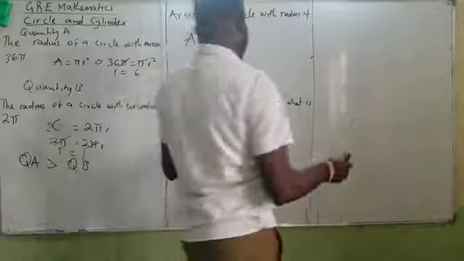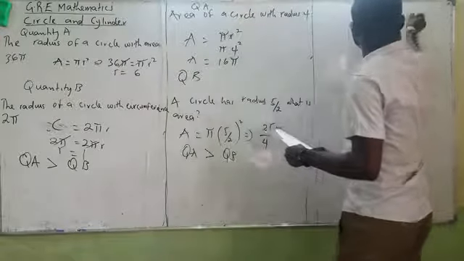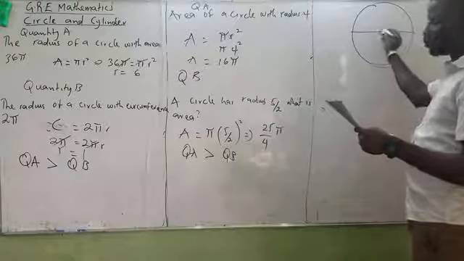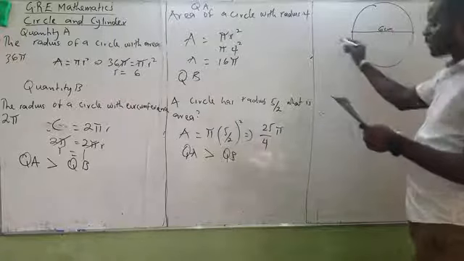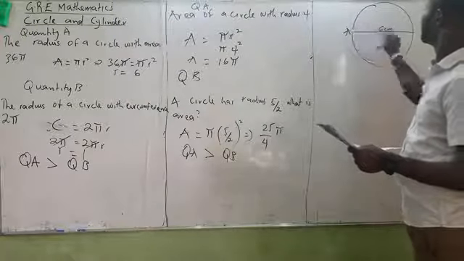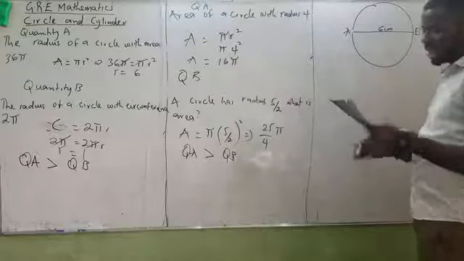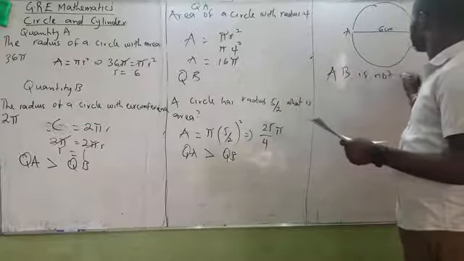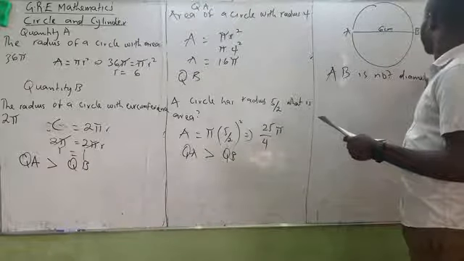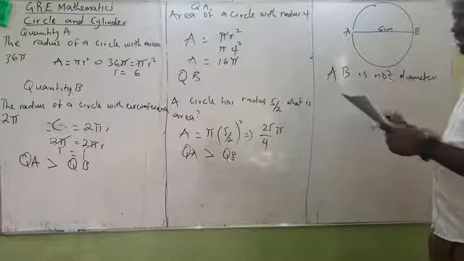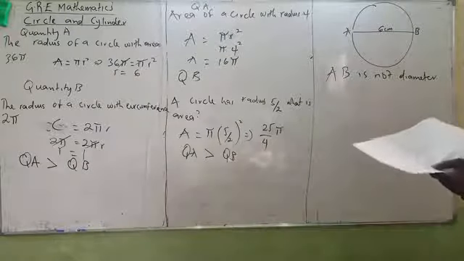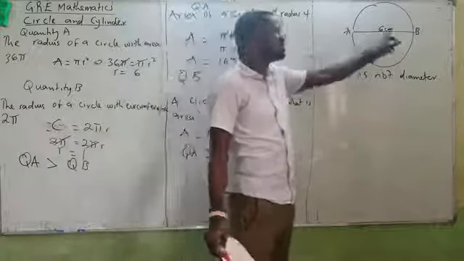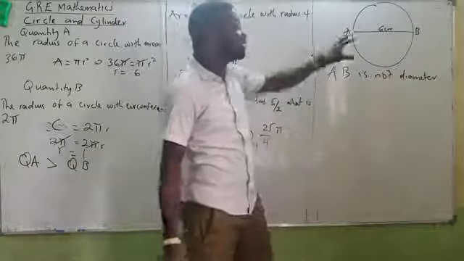Now, I have a question here. This is a circle, and a line is drawn here, which is 6 centimeter, AB. Now, you are told that AB is not a diameter. When a question is given to us and we are told that this is not a diameter, it means this can never be solved.